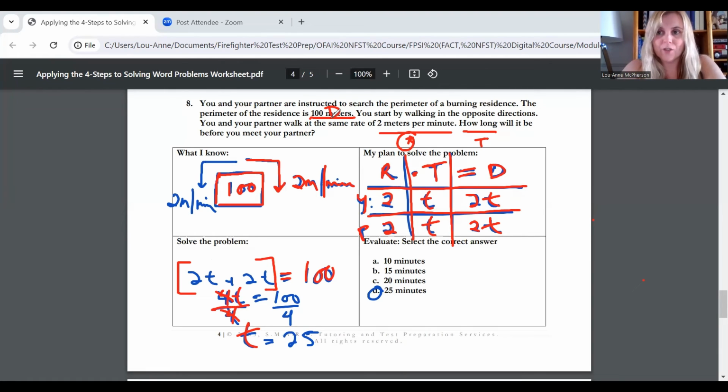Now, you have to do the same on the opposite side. So you've got 100. You're going to divide that by 4 because that's what we did on the other side. And then when you do that, you end up with 25. That's your answer. Okay, so D, 25 minutes.